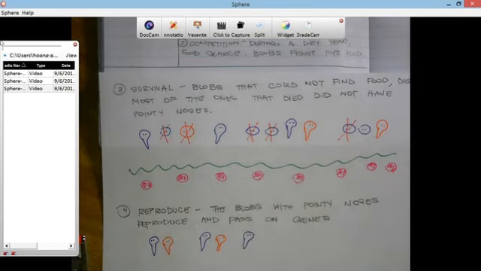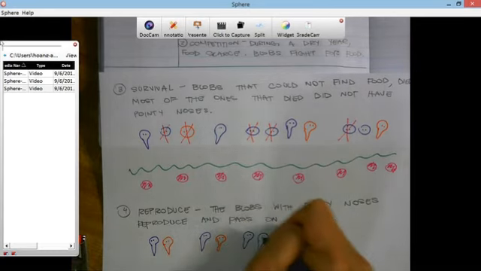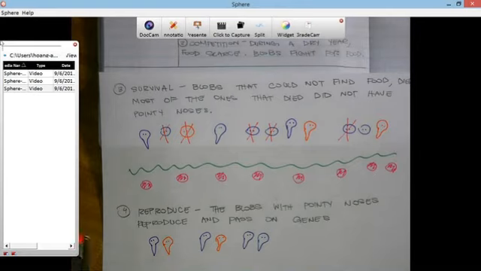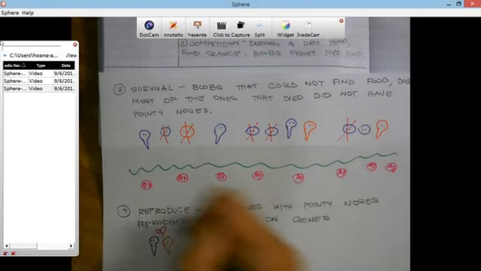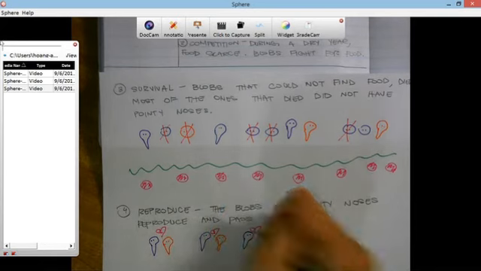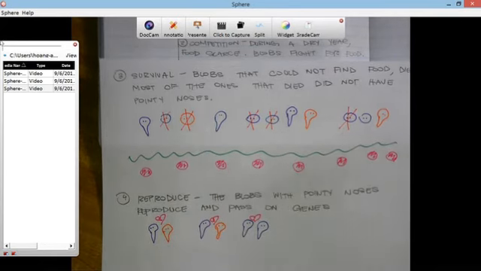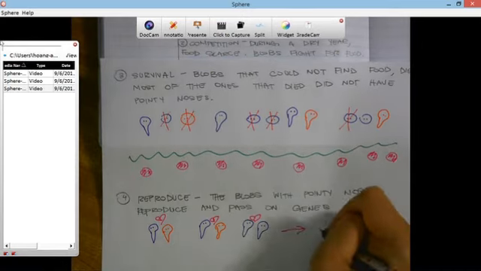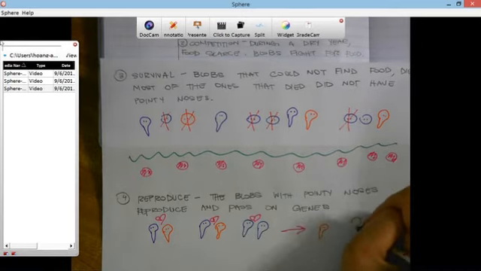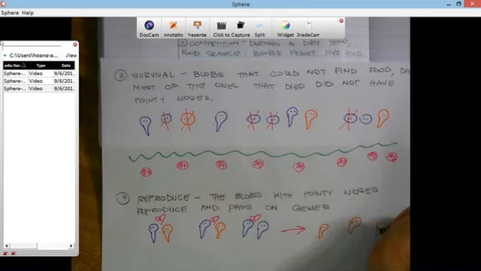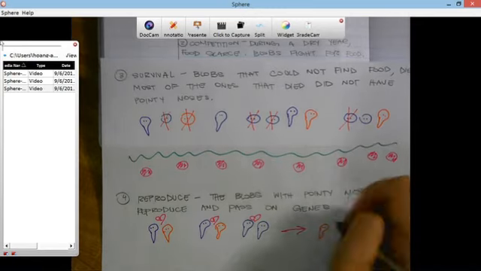They met up. They mated. And they had more blobs with pointy noses.